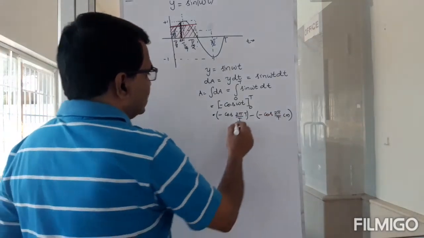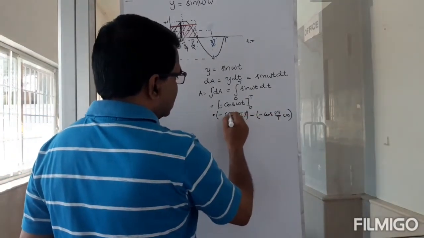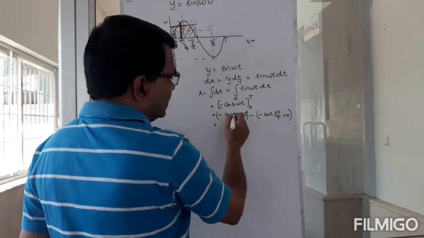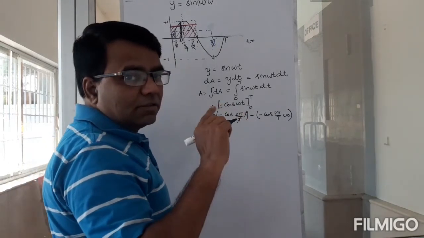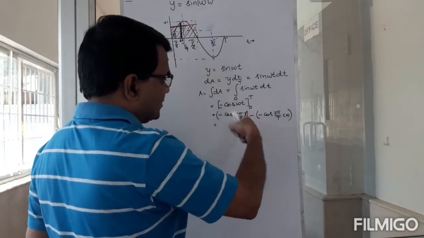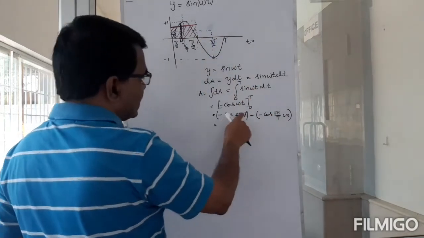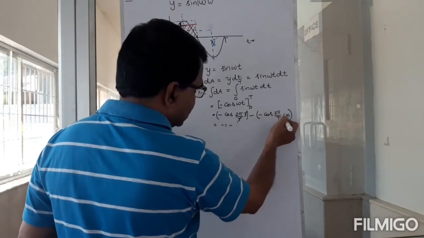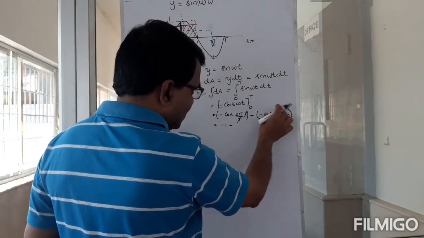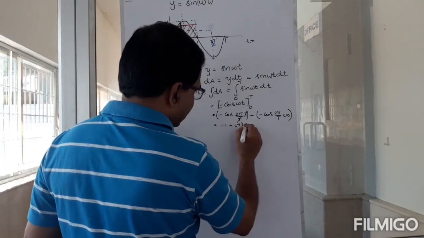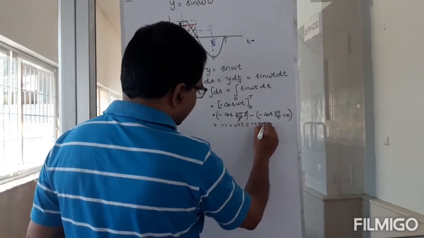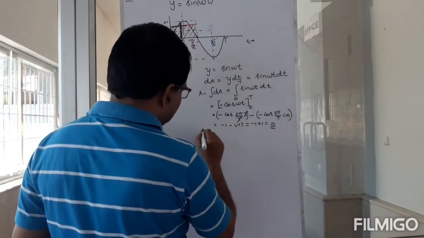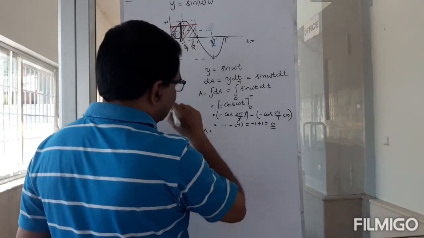So cos 2 pi is 1 and cos 0 is 1, so you get minus 1, and then minus of minus 1, so minus 1 plus 1 is equal to 0. So the area is 0.